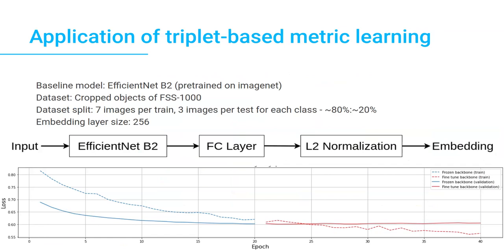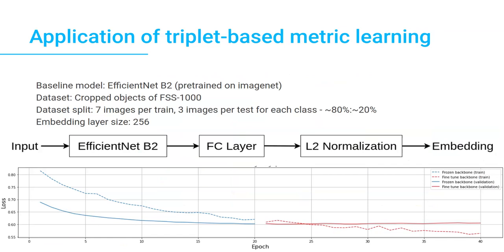We built a triplet-based model using an EfficientNet V2 baseline, pre-trained on ImageNet. Also, we added one more fully connected layer, called the embedding layer, of size 256. It is the size of our embeddings.